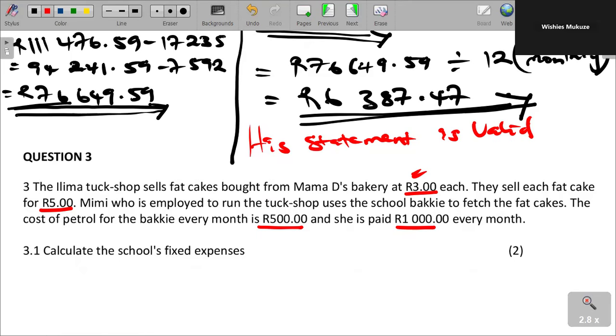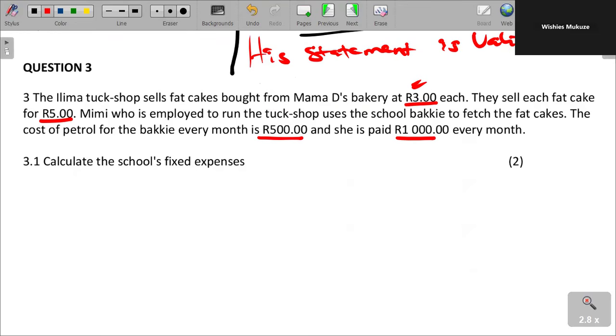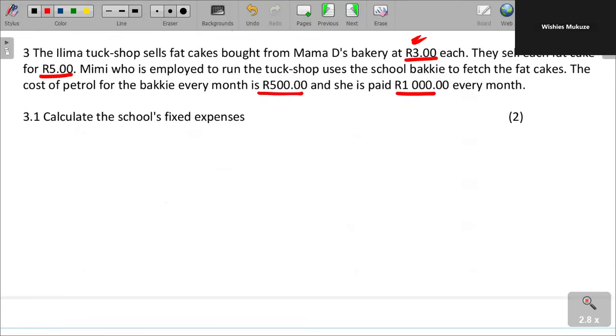So what is asked here, I once also worked a question like this one, where it said calculate the school's fixed expenses. Fixed expenses are costs which do not change. We gave examples even when we did financial maths previously.